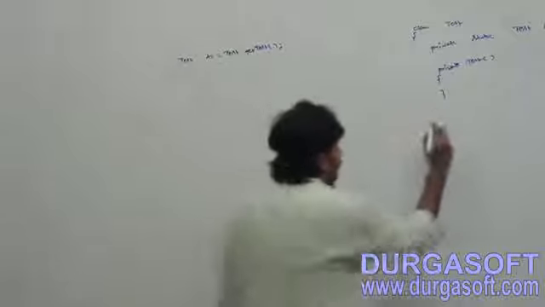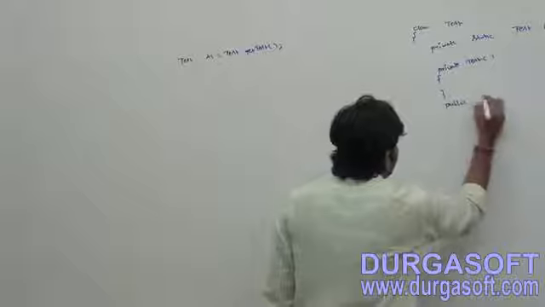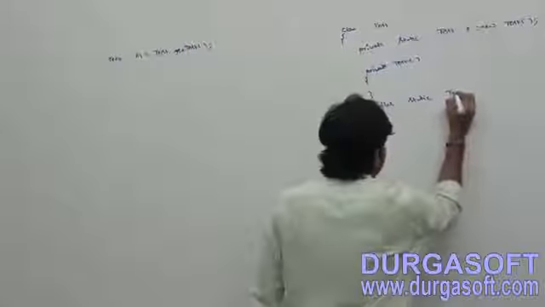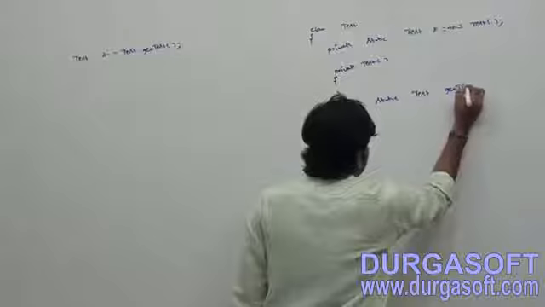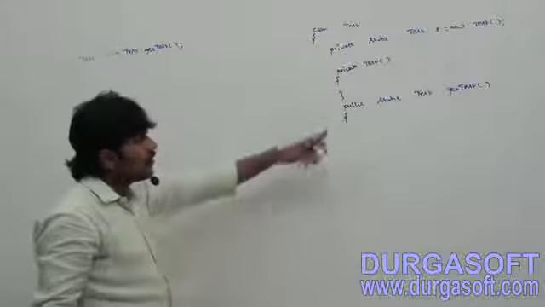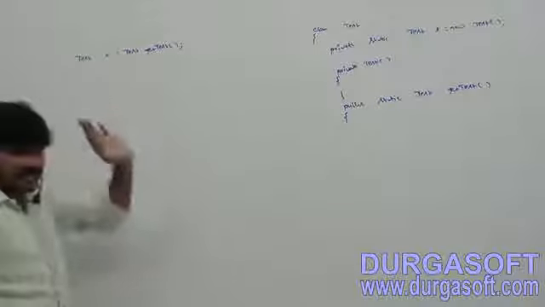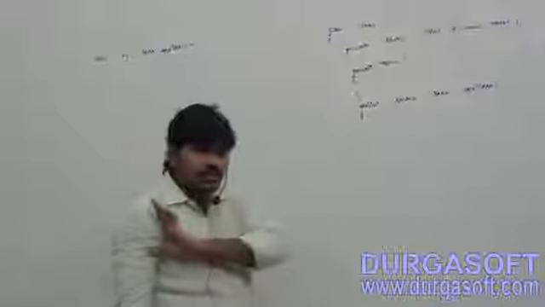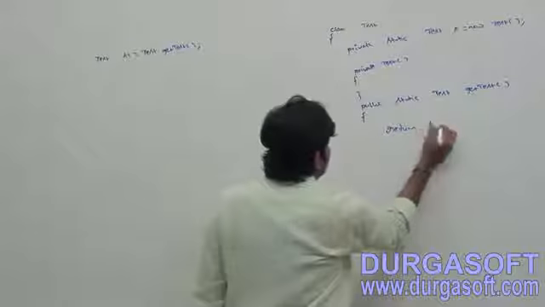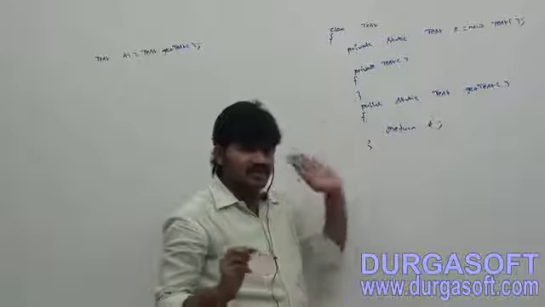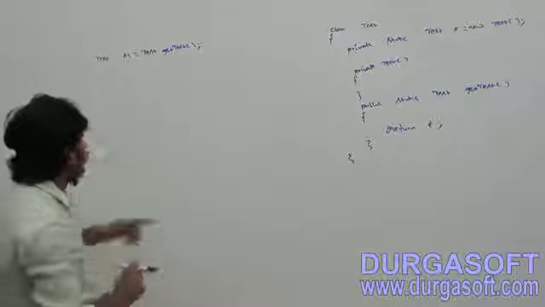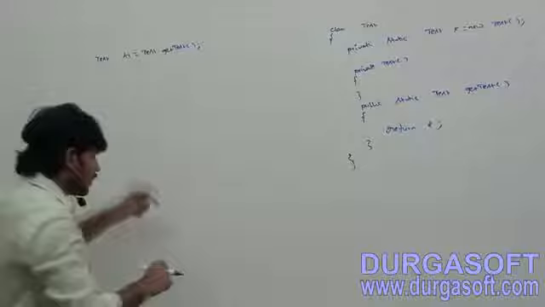Now let me write public static Test getTest. Sir, if any person asks the getTest method, don't create any object. Can you please return t always? That's all. Return t always. Okay, this is the end of this one.